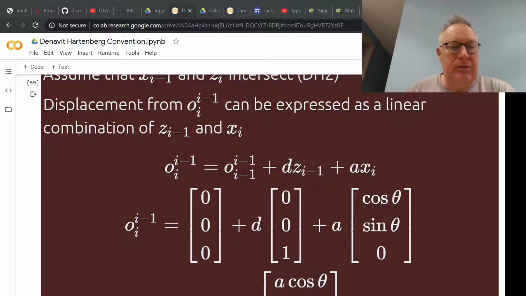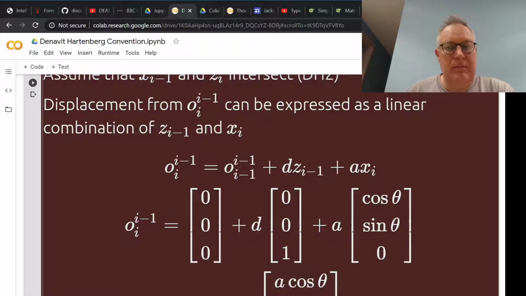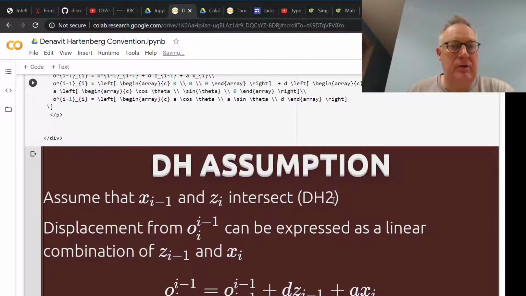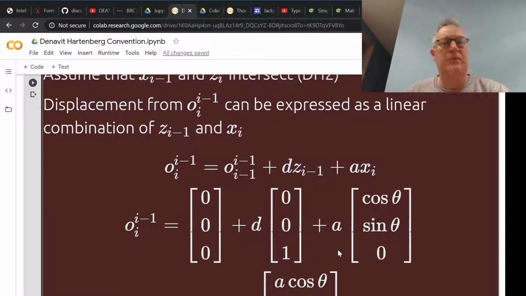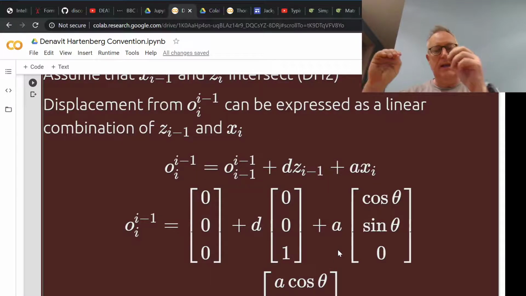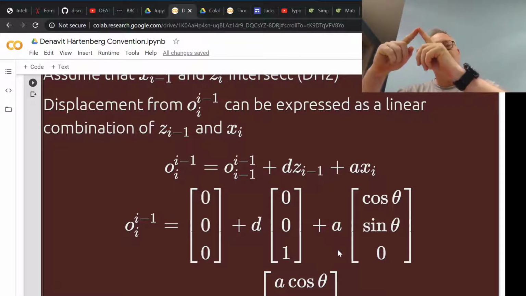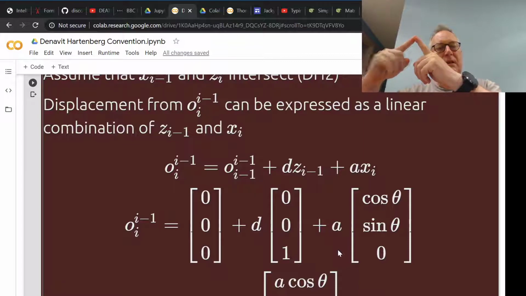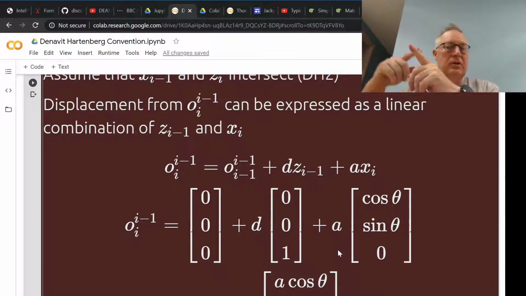So now let's have a look at what the Denavit-Hartenberg assumptions 1 and 2 give us. It means that from the previous joint to the next joint I can get there by translating along z. Then x has to be 90 degrees to z, and they have to intersect the next x. So this is joint 3, this is joint 4, the x-axes have to intersect. So I need to go from joint 3 along z until I hit that intersection point.